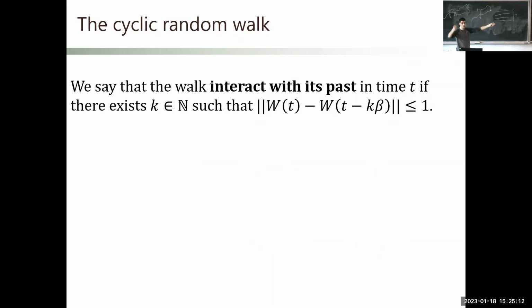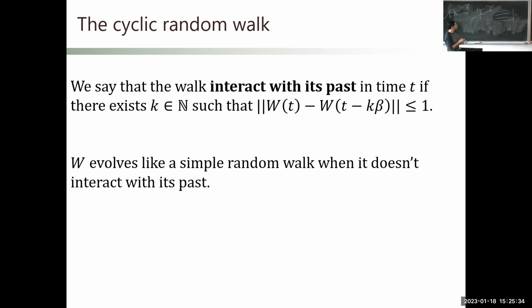Because when you go backward in time an integer multiple of beta, you are at the same interchange environment when you go along the cyclic walk. So if you go beta time backward along the cyclic walk, it's like a different particle. As we said, W evolves like a simple random walk as long as it doesn't interact with its past.